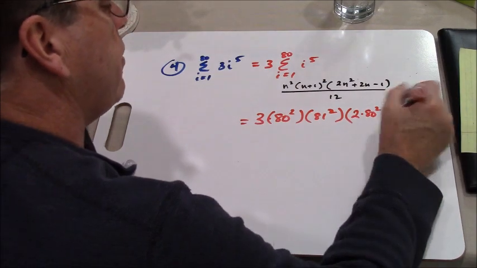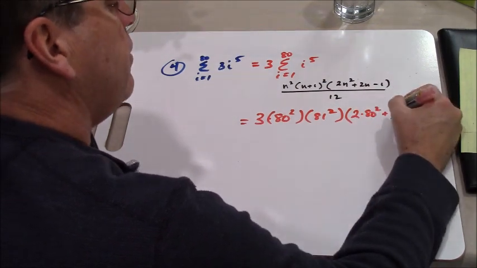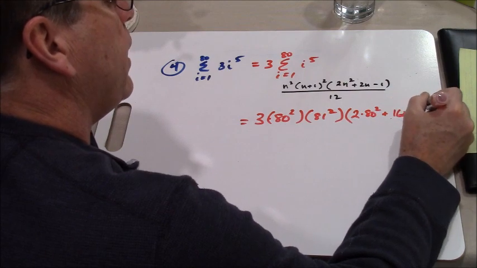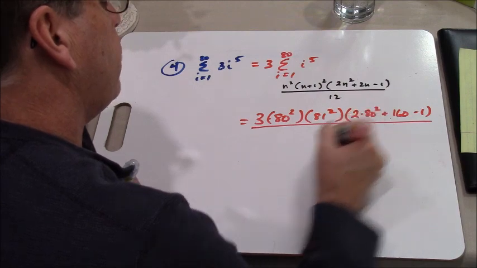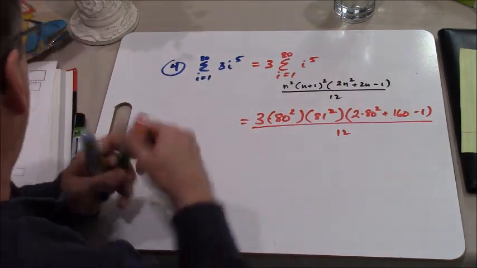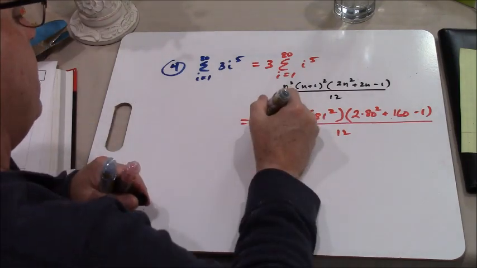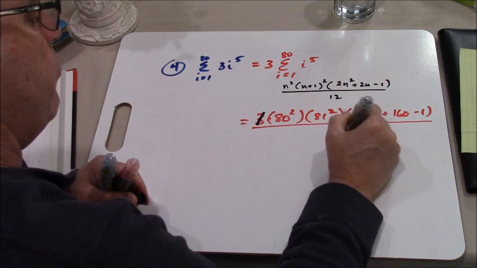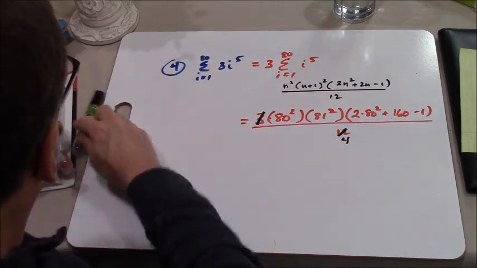I'll just write this down and I'll figure out what it is in a minute. Plus 2 times 80, that'd be 160, minus 1. And then we're going to divide this whole thing by 12. So because 3 divides into 12, I'm going to get rid of this 3 and we'll make this a 4, and I'll just divide by 4 at the end.